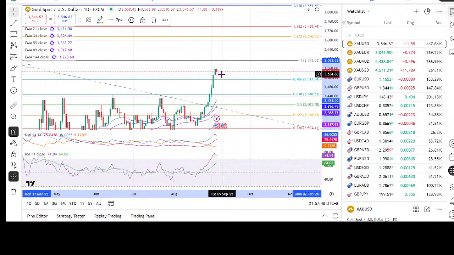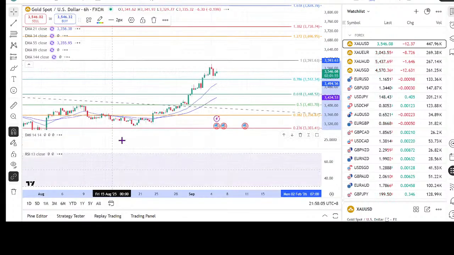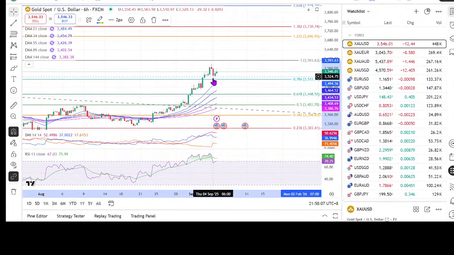So that means the uptrend is still intact on the weekly, and the uptrend is still intact on the daily, as long as it doesn't close above 35.25.